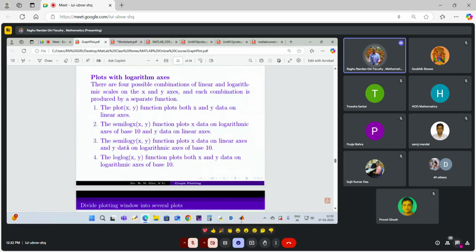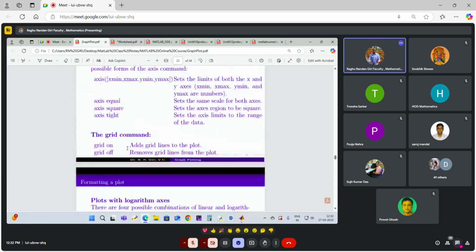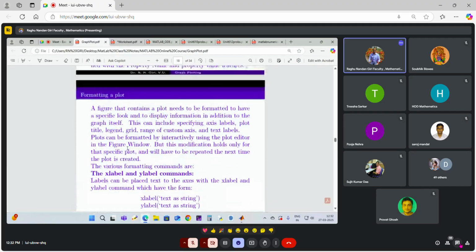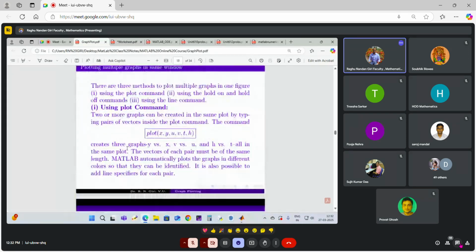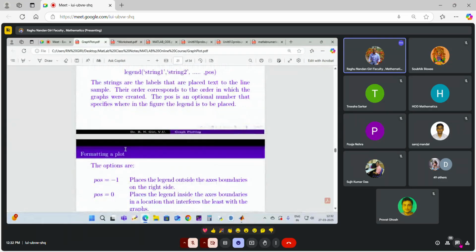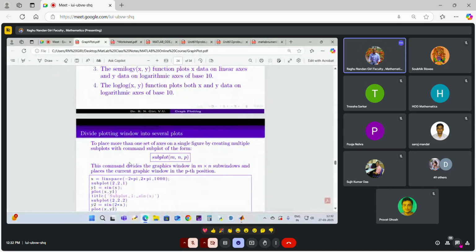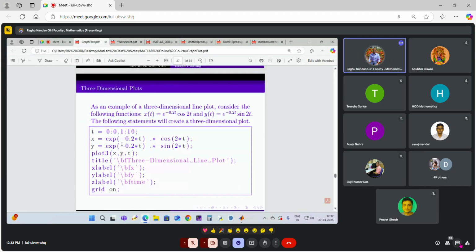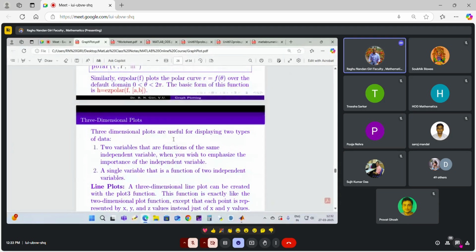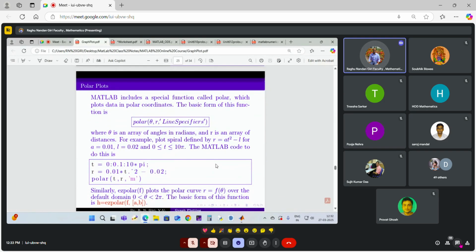Suppose a mathematical form of a spider. Okay, this is r equals a t square minus L. Where a is 0.01, L is 0.02, and t goes from 0 to 10 pi.